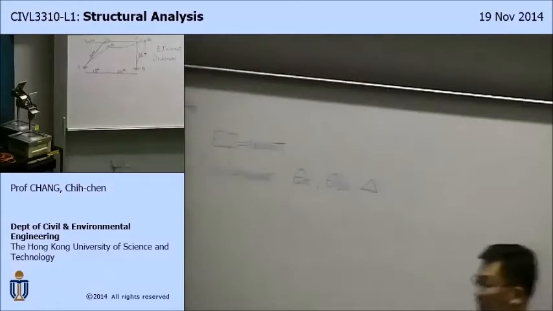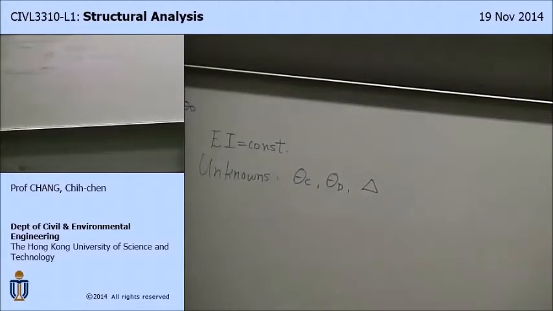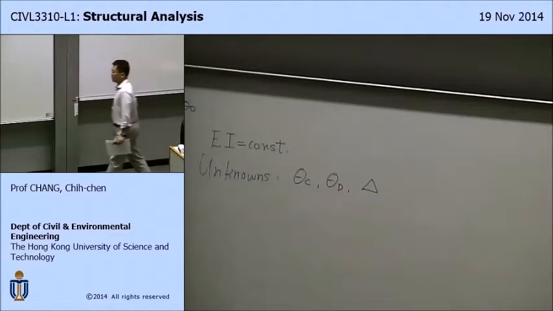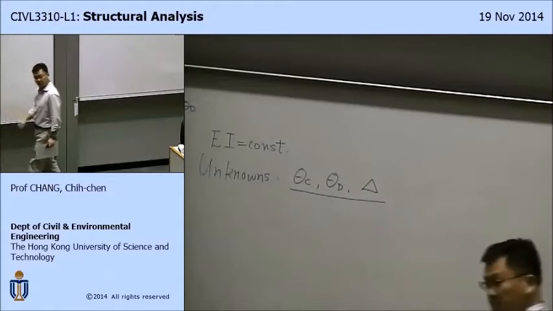If I know the three unknowns, the rotation angles and the translation, then I can substitute them into slope deflection equations and get the end moments. And from end moments, I can get shear force. Then I can plot shear force and bending moment diagrams.